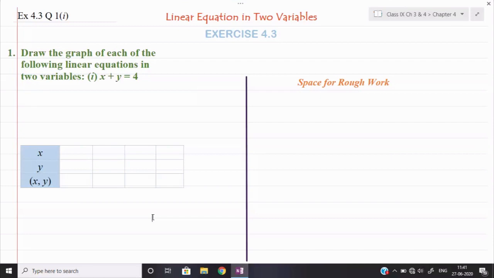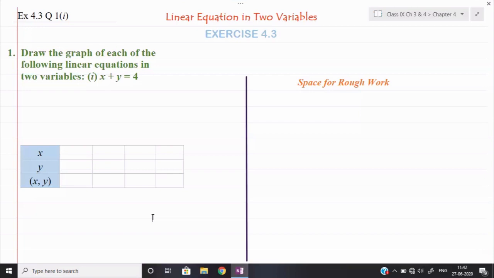So remember, if you want to plot a linear equation on the graph paper, meaning if you want to see the graphical form of the linear equation, then the graphical form will always come in the form of a line. As the word suggests, linear means a line will be observed when we plot it on the graph paper. Whichever linear equation is given to us, whenever we plot it on the graph paper, it will always form a line.